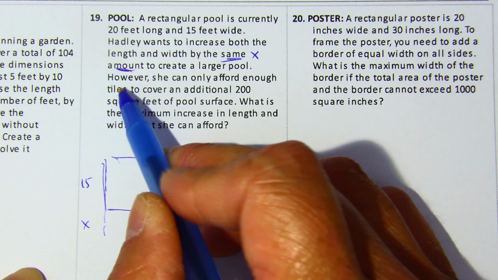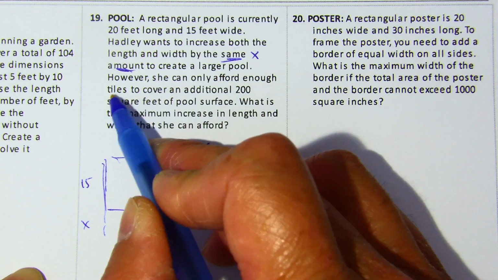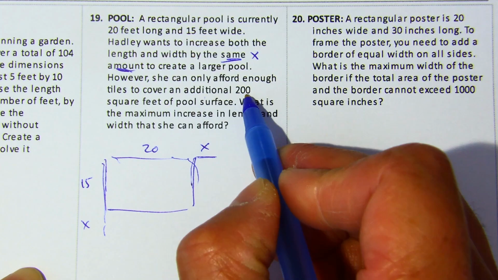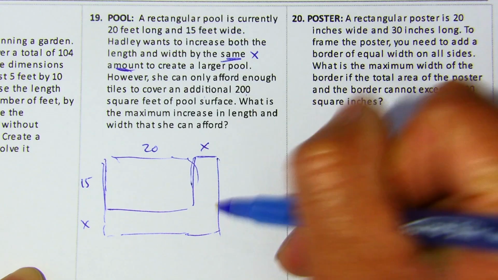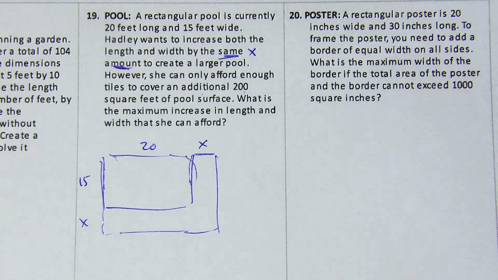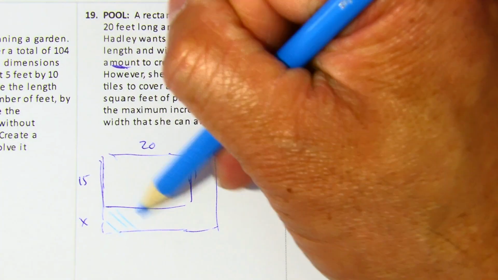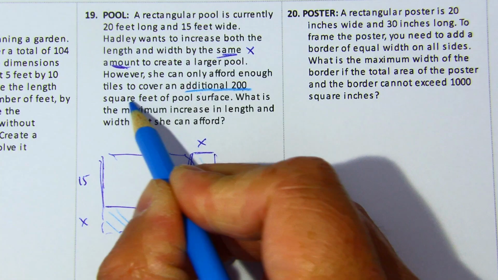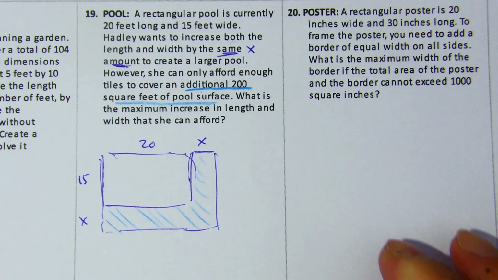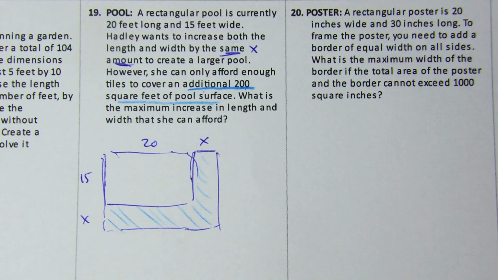However, she can only afford enough tiles to cover an additional 20 square feet. So let me color it in. This blue portion is the additional 20 square feet of pool surface. What is the maximum increase in length and width that she can afford?